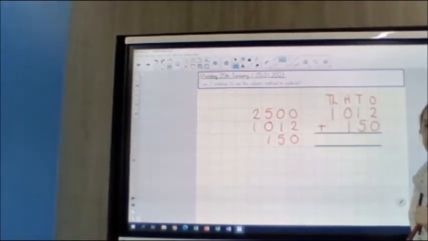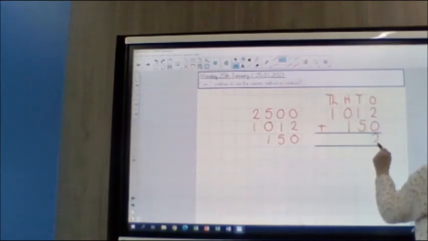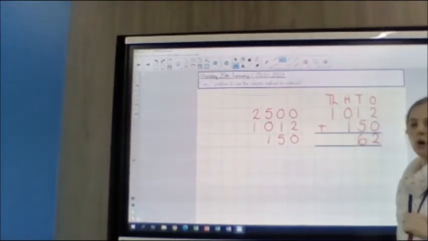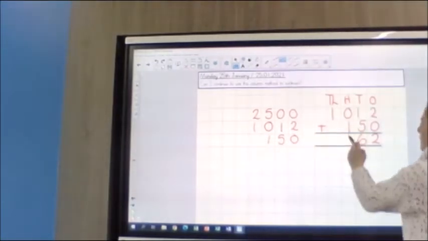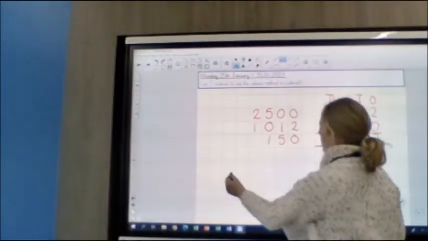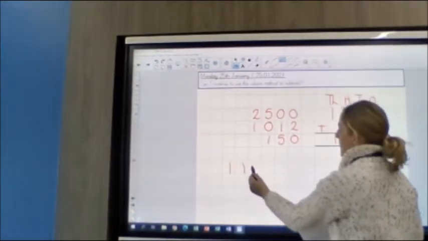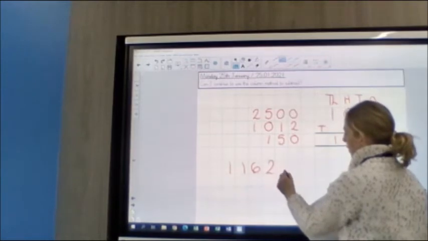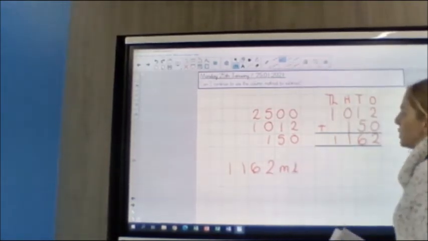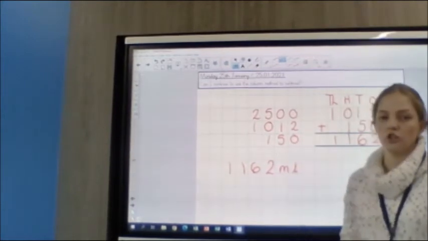So 2 add 0 is 2, 1 add 5 is 6, 0 add 1 is 1, 1 on its own is 1. So I know that I currently have 1,162 millilitres of liquid in my 2,500 millilitre jug.